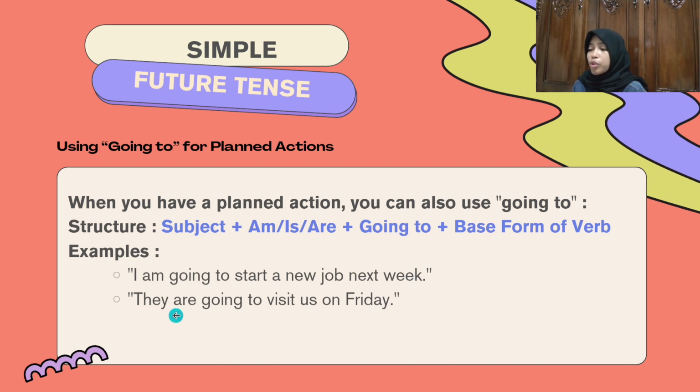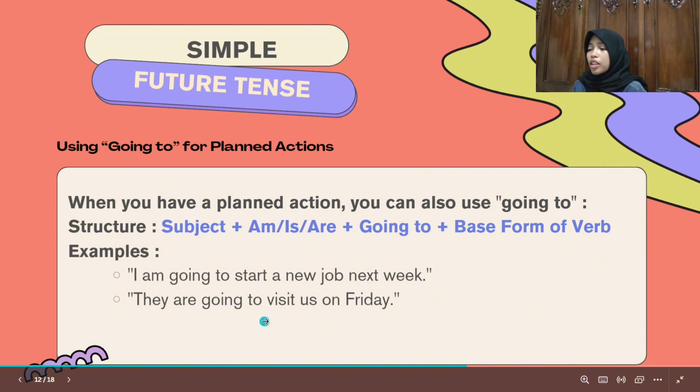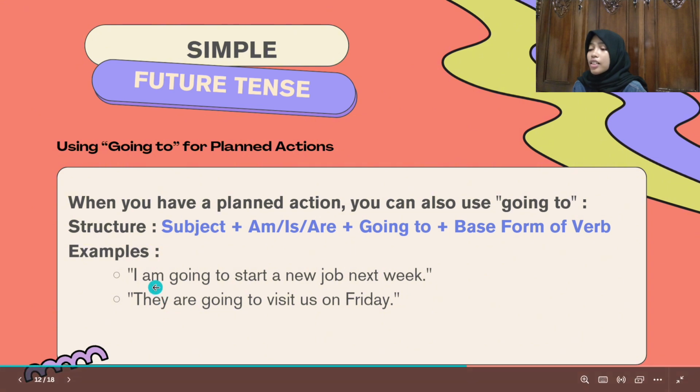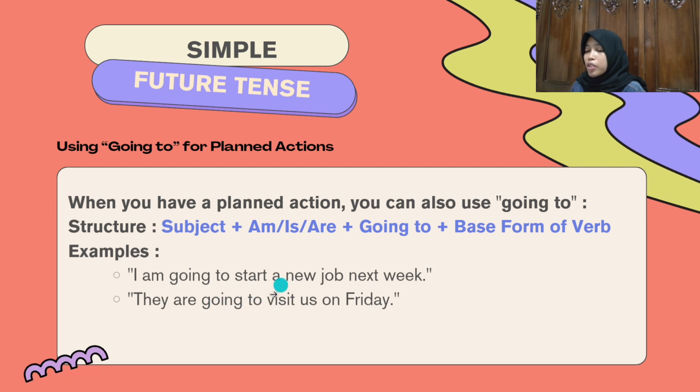I as a subject and to be am, is, are in here is am, and going to plus base form of verb, in first example in here is start. Okay, next example, they are going to visit us on Friday. And here they as a subject and to be are plus going to and base form of verb in here is visit.